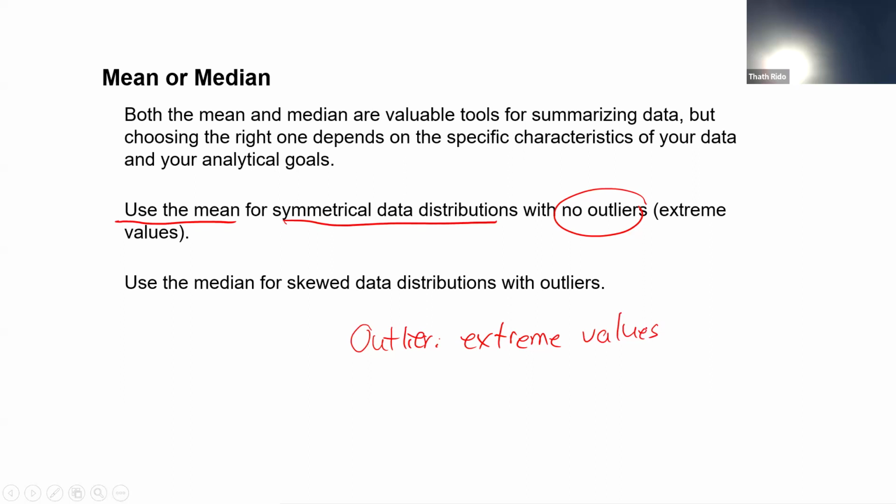But when the distribution of the data is skewed, or contains outlier, you should use median, because median always stays in the middle.